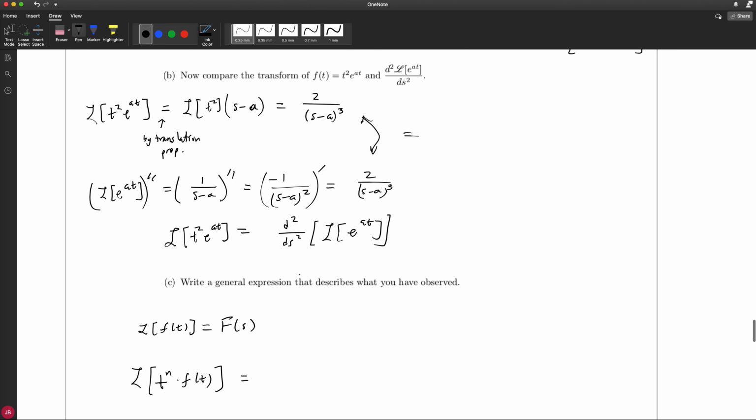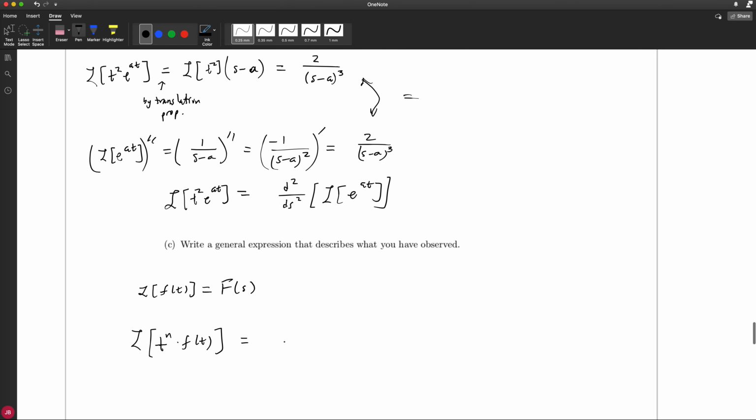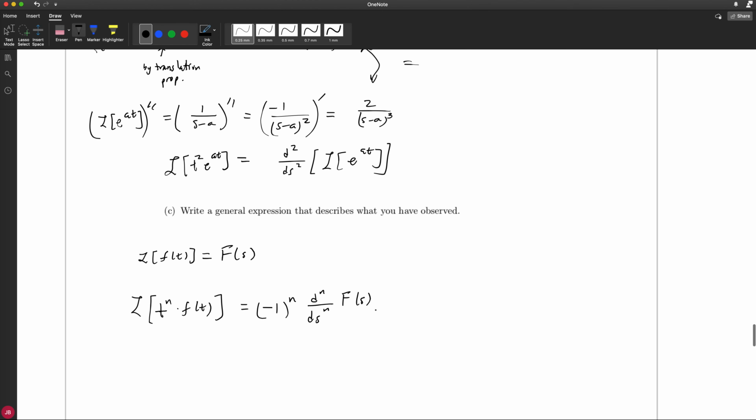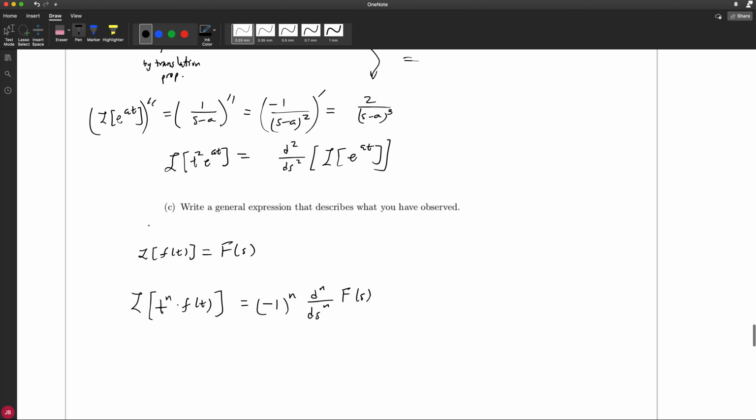So I think what's happening is that you get a minus 1 to the n, and then multiply by the nth derivative of that well-known Laplace transform. So all of this is very abstract, but I want you to remember these two properties. This is called the derivative property.